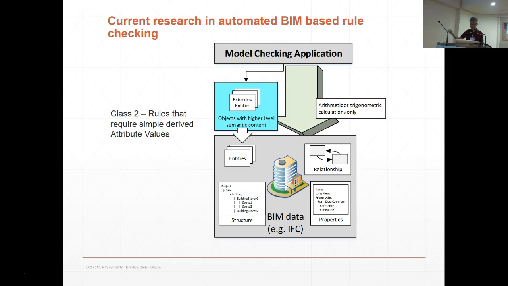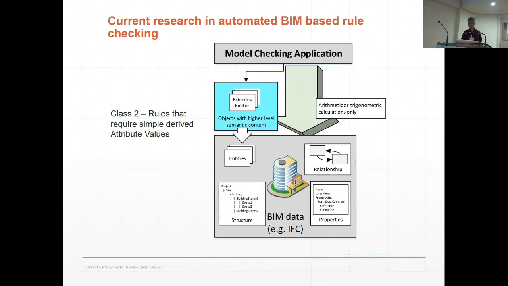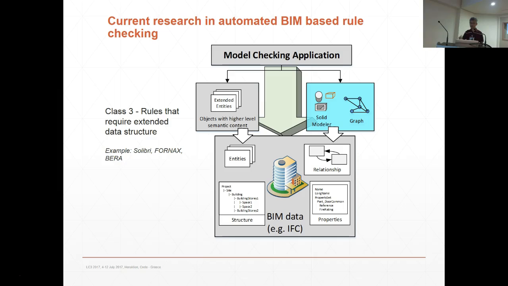Classification number 2 says that it will include additional semantics that you have to derive from the basic data. Classification number 3 basically adds more complexity. It has to do with a solid modeler and maybe graphs.